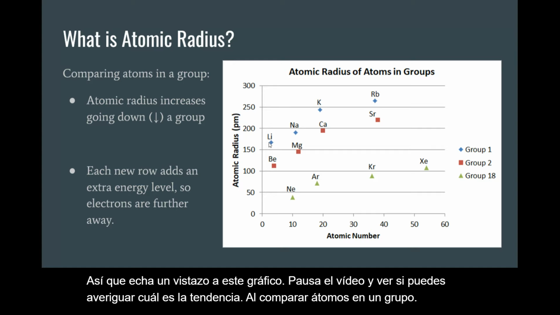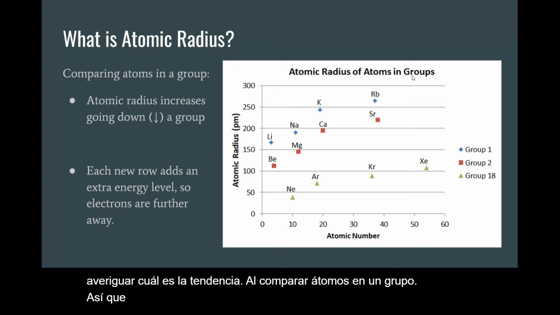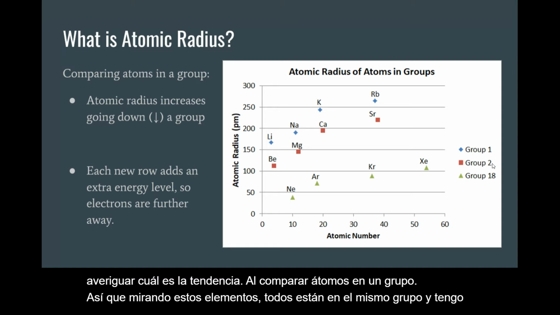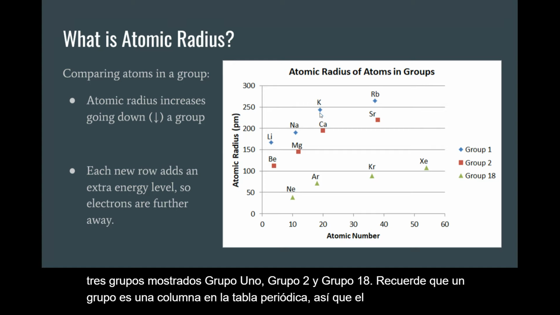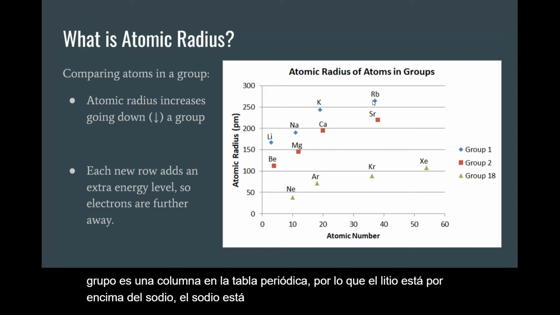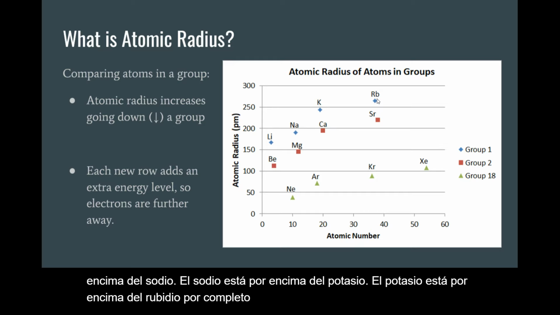So looking at these elements, they're all in the same group, and I have three groups shown: group 1, group 2, and group 18. Remember that a group is a column on the periodic table. So lithium is above sodium, sodium is above potassium, potassium is above rubidium. Altogether, these blue diamonds are elements in the same column.